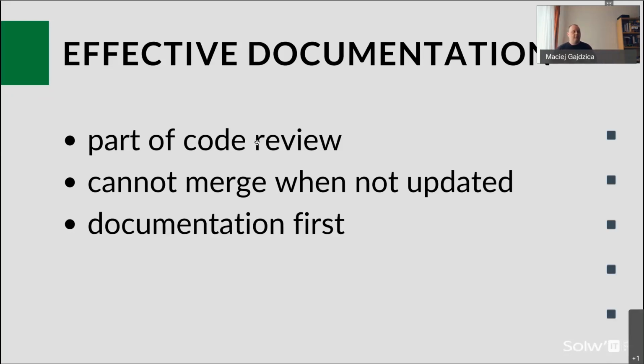So first of all, we can make documentation part of the code review. So we check that the code we are reviewing is doing exactly what is written in the documentation, and we cannot merge into the master branch anything that is not documented in our design documents and in our architecture.